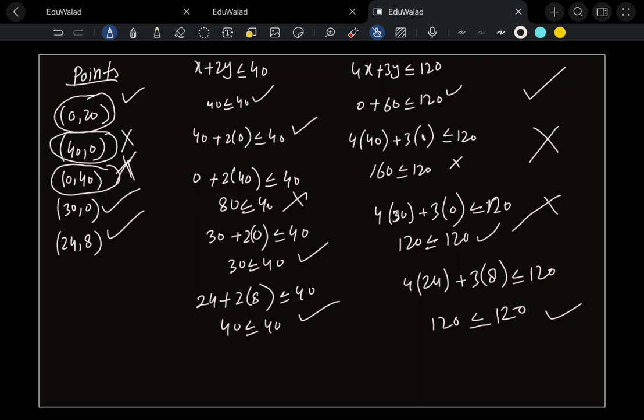Now our main goal is to find the maximum solution.